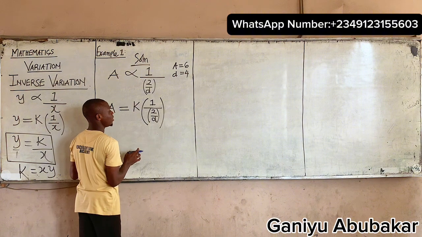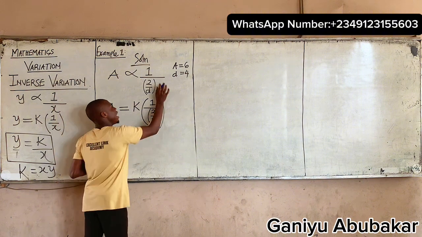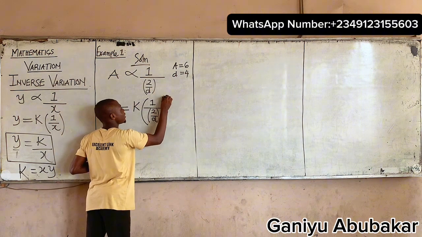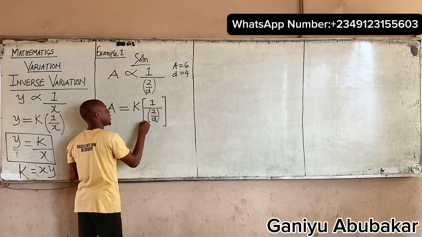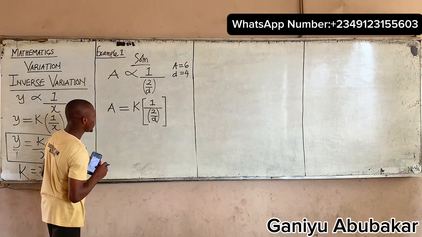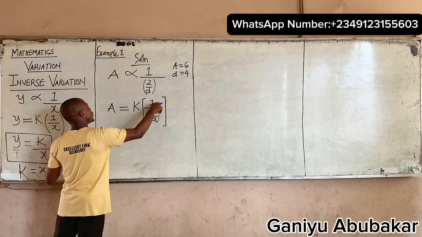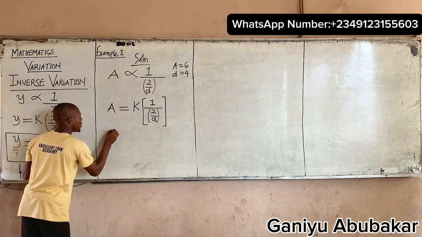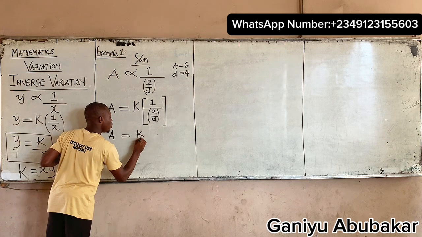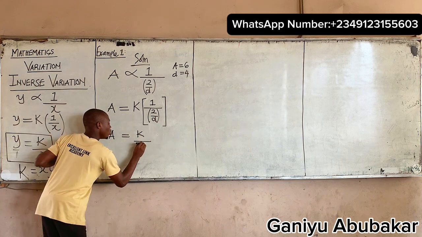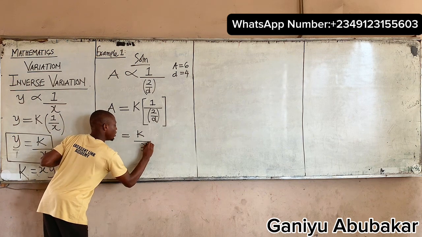Since I have used a round bracket inside, I have to use a square bracket outside. So I have it this way. From here, k times 1 is of course k. So I have that A is equal to k times 1, which is k, all over 2 over d in this form.